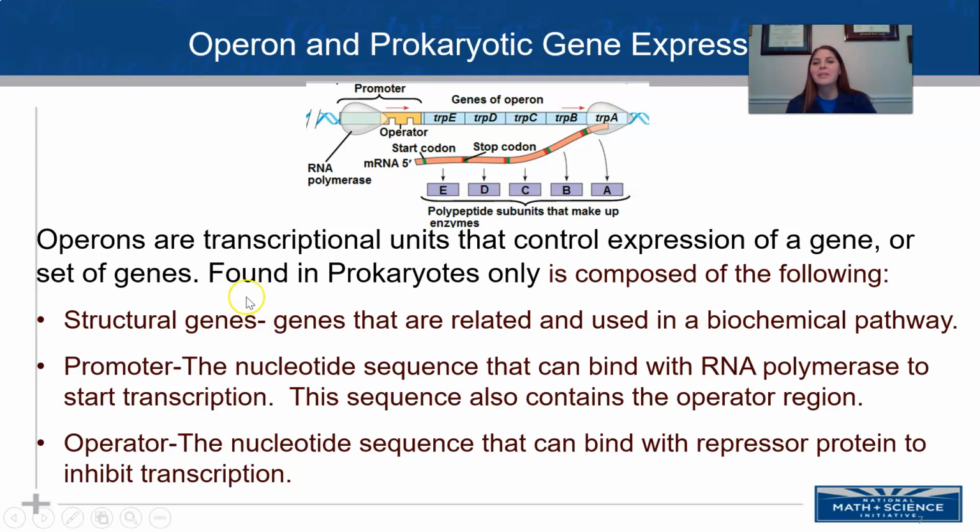Start here. So that's the nucleotide sequence that can bind with RNA polymerase to start the transcription itself. This sequence also contains that operator region that I spoke about in the last slide. The operator is going to be the nucleotide sequence that can bind with the repressor protein to inhibit transcription. And remember, inhibit means stop.